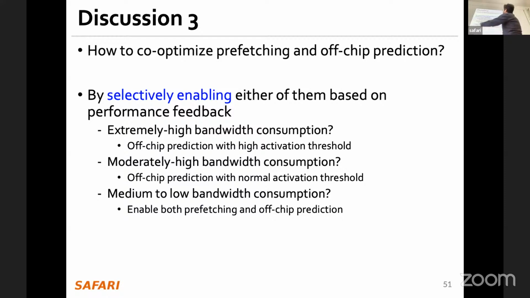But if you see that your system bandwidth consumption is either medium or low, then you can simply enable both the prefetching and the off-chip prediction. This is just a dynamic system, right? You can always think of RL-based techniques that handle both of these things together. But yeah, there is possibility on that also.